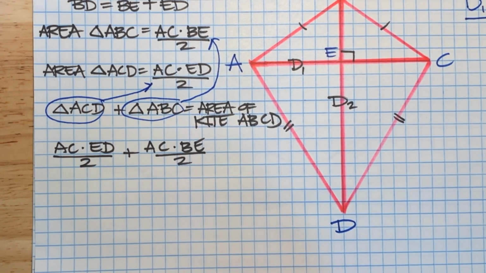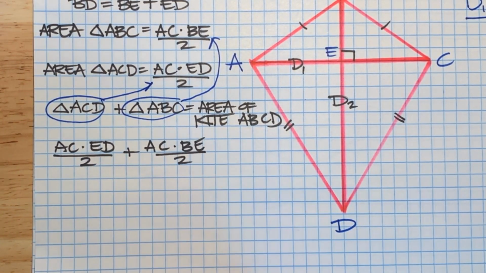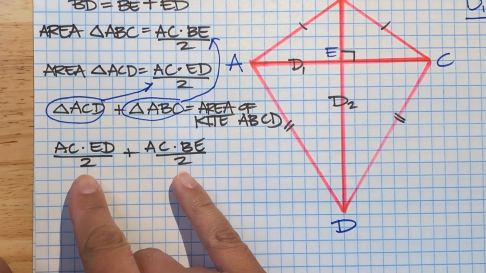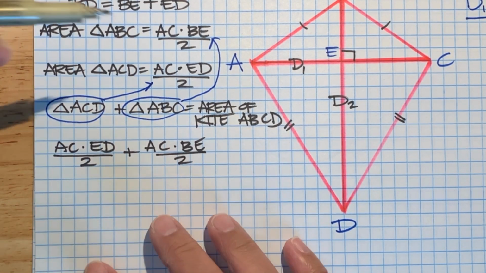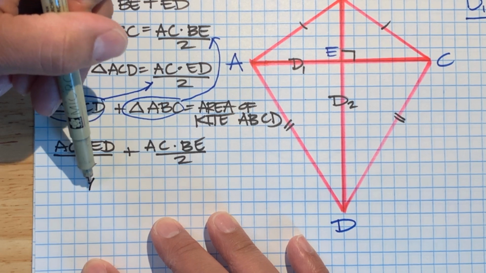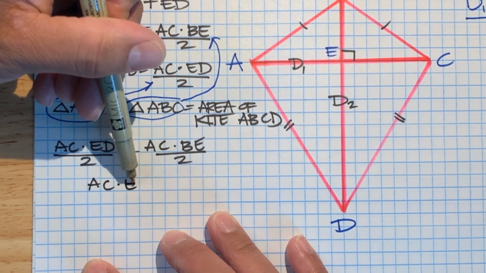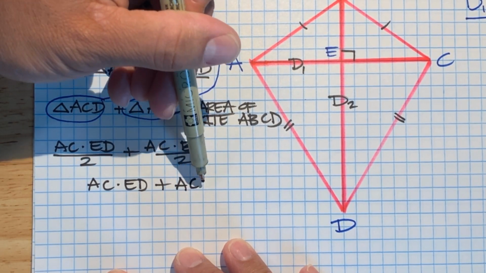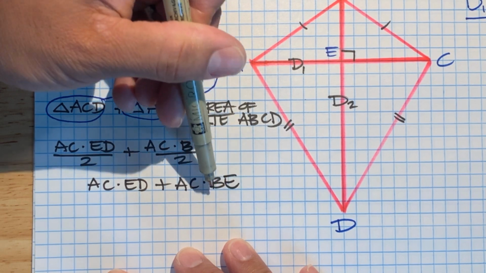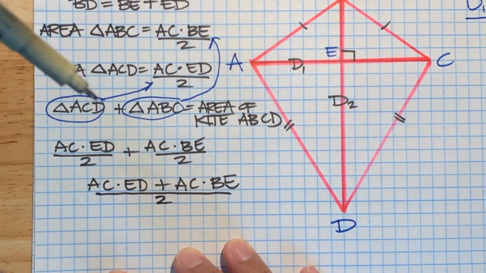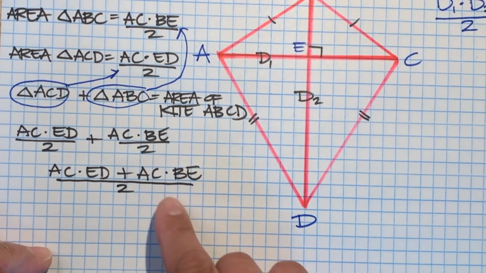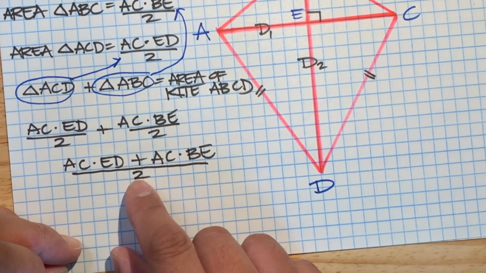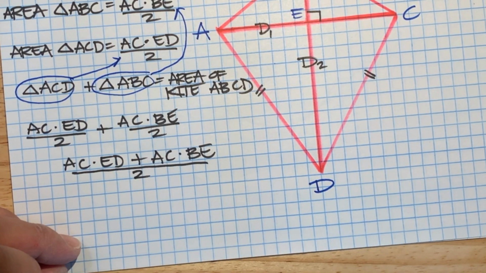Now we're gonna combine these. We're gonna simplify it just a little. If you notice, these two fractions both have 2 over it, so we're gonna put it together. We're gonna put AC times ED plus AC times BE all over 2. Okay, so because they have the same denominator, we could put them both numerators over the same denominator.